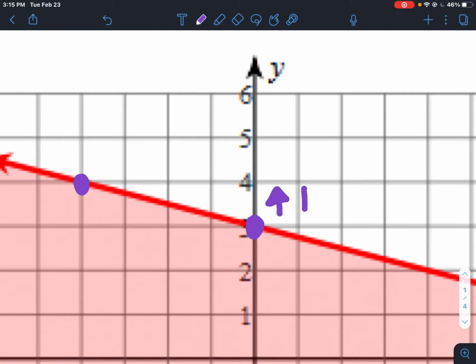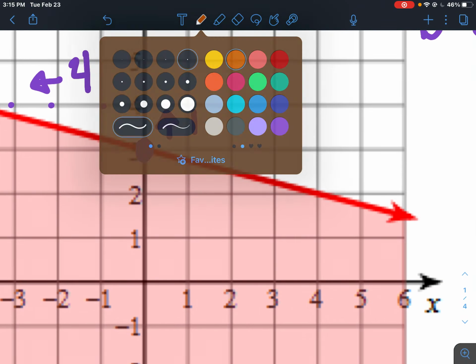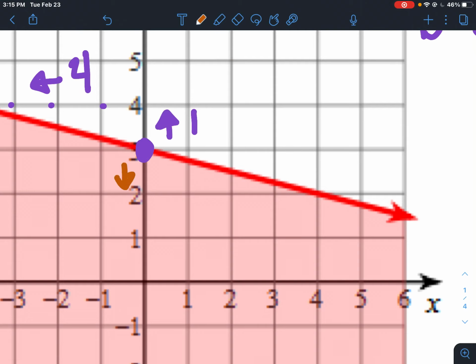So rise up 1, and run is 1, 2, 3, 4, so we go left 4. You could also absolutely go down 1 and right 4. Both will give you the exact same answer. I just chose to go up.